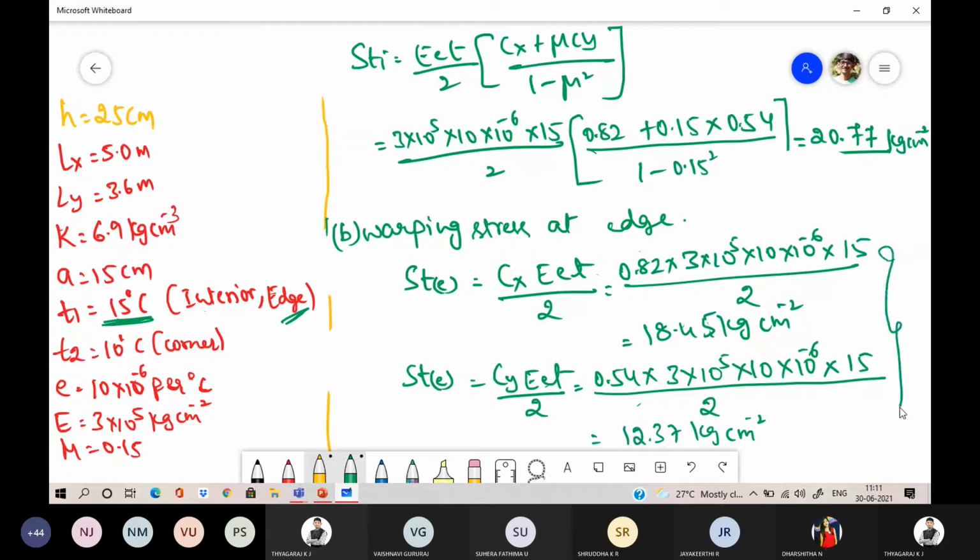Either you can do it by this method, or you can directly take CX, since CX is 0.882, which is higher. You can do that method also. Both are correct. Is it clear?